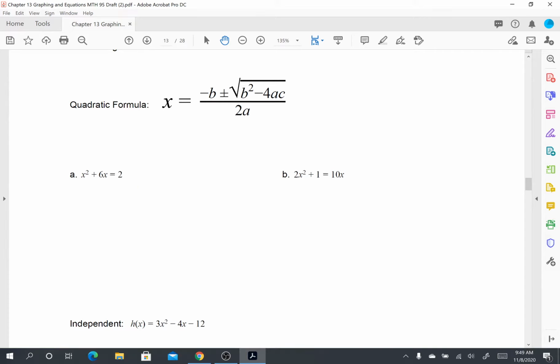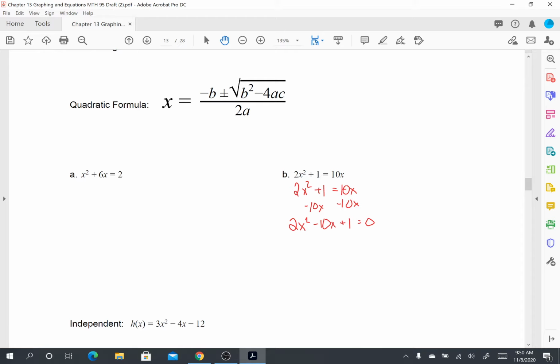Part B, same thing. We're going to set everything equal to 0 first, and we want to make sure it's written in standard form. So add -10x to both sides, and I'll have 2x squared minus 10x plus 1 equals 0.